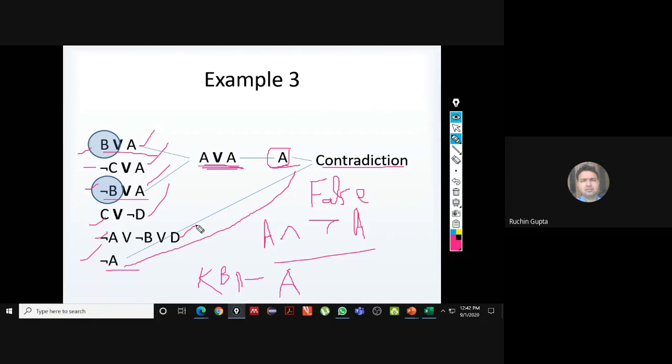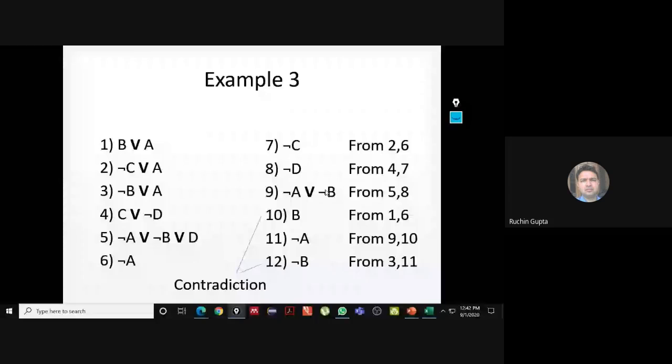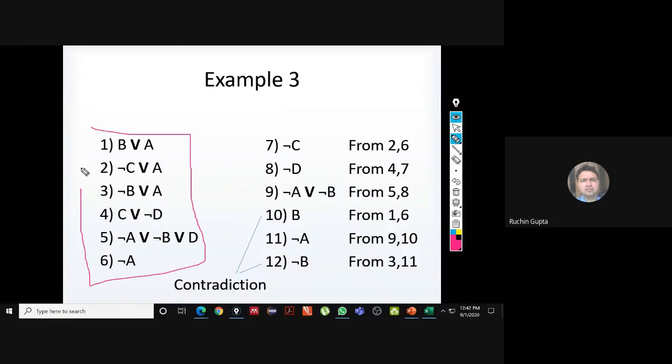So this is actually called the resolution method of inferencing. This is another way to do the same thing. You can have different ways. So you see that this is the given thing.